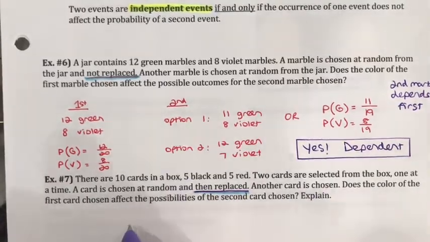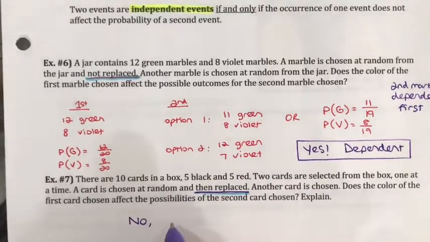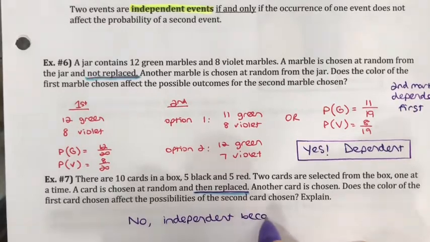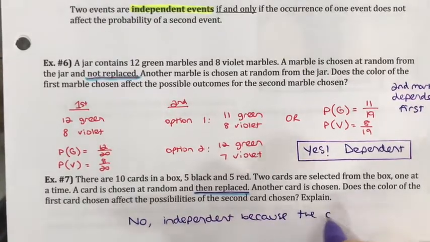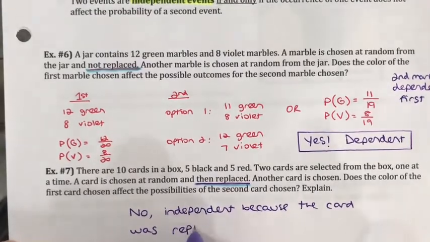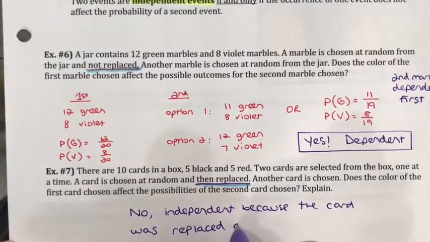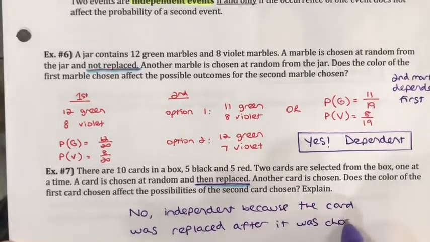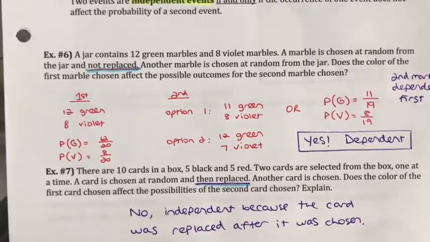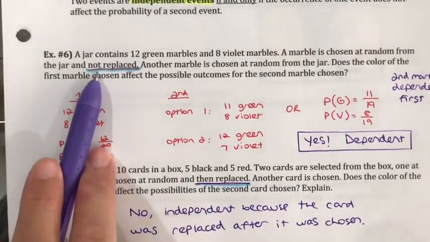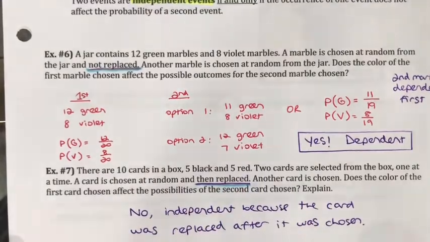So we're gonna say, no, they're independent, because the card was replaced after it was chosen. So the key is that replacement means independent, not replacing means dependent.